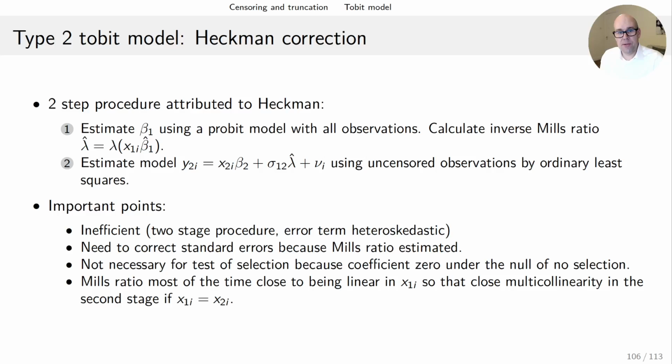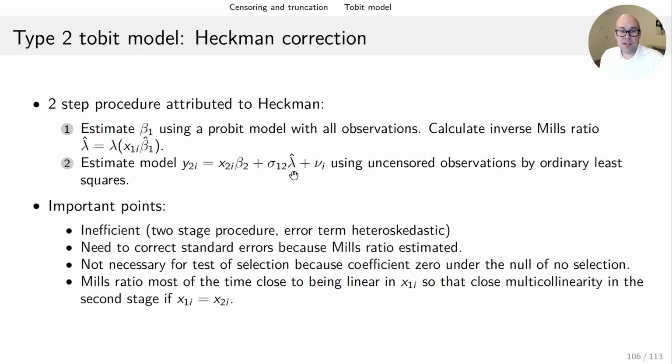What one can then do in the second step is to estimate a model in which one regresses y2i, the outcome that is observed when an observation is not censored, on x2i and that fitted value of the Mills ratio term.